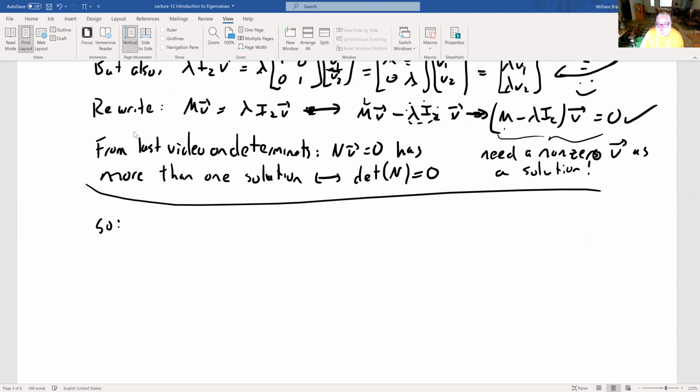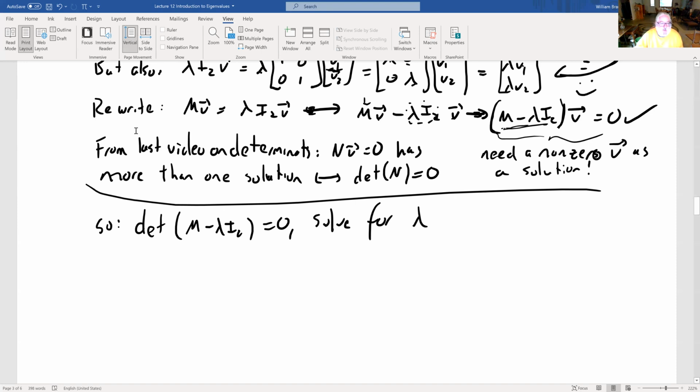So that tells me how to find eigenvalues. Take this matrix, M minus lambda I2, set its determinant equal to 0, solve for lambda. And that will give me my eigenvalues.